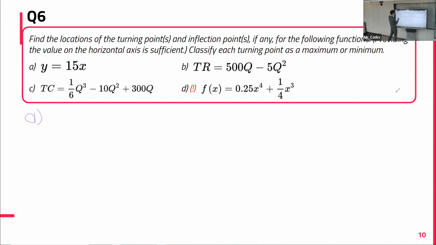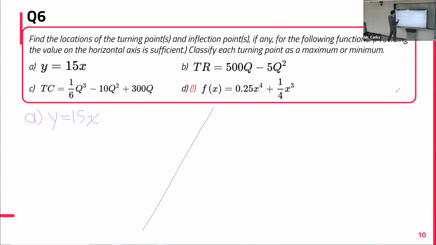So A, y equals 15x. I can know the answer without touching the derivatives at all. What is it? No turning points, and no inflection points, because it is a straight line. The slope is never changing, so it never turns negative. It doesn't have any sort of curving at all. We can say it's just a straight line.